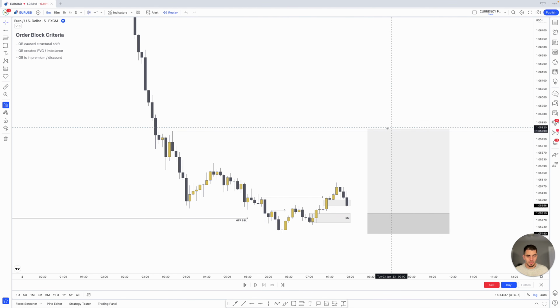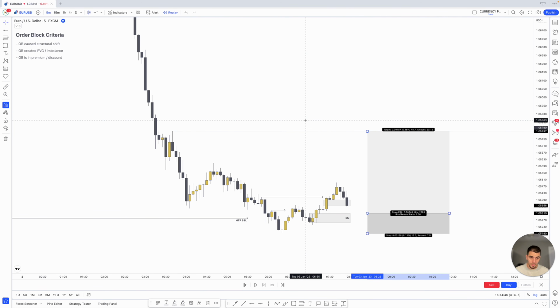It's highly probable that price is going to head towards that high at the very least. So if we're looking for a quick intraday trade on a lower time frame, like we are on right now, the 5-minute, 40 to 50 pips, that's pretty reasonable for a day of movement on EUR/USD. So let's set the target there. That gives us a 4.08 risk to reward ratio. Not the best, but not that bad either.